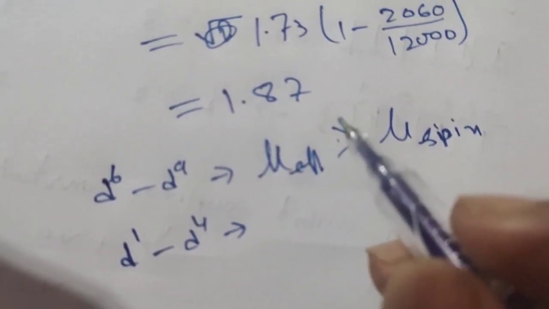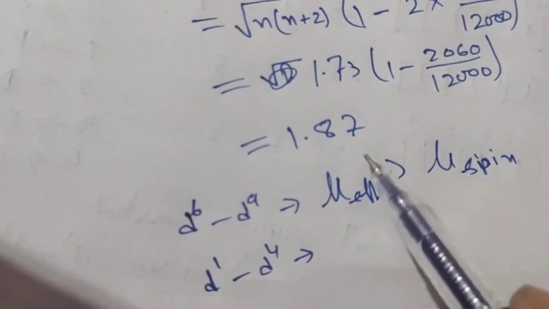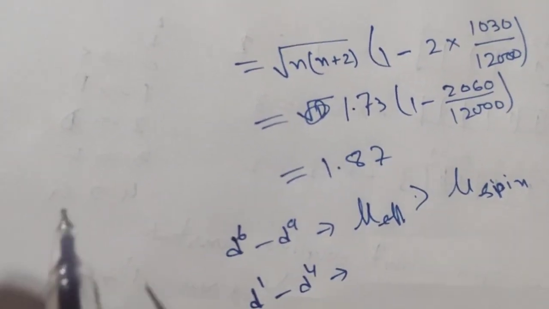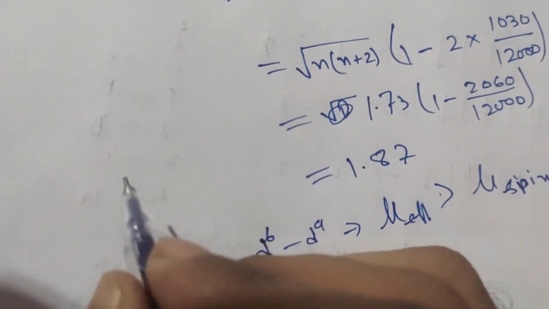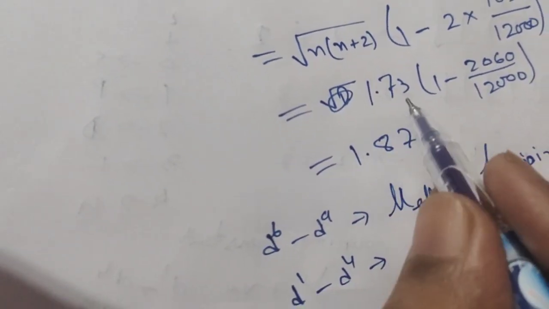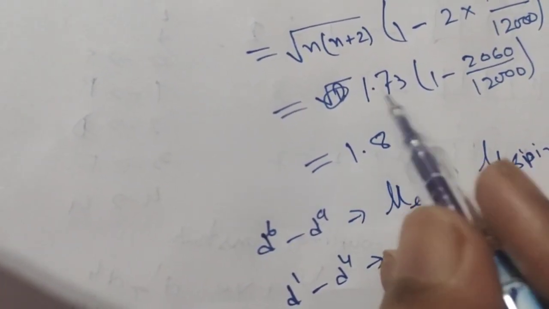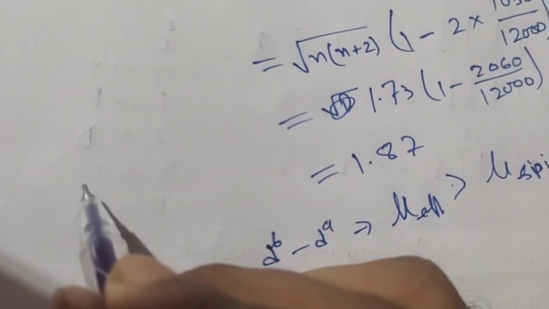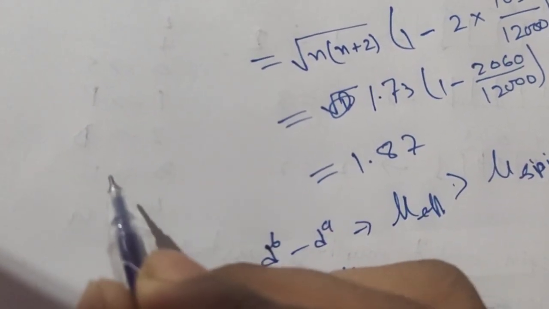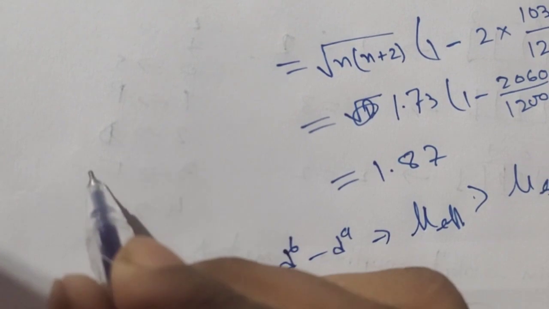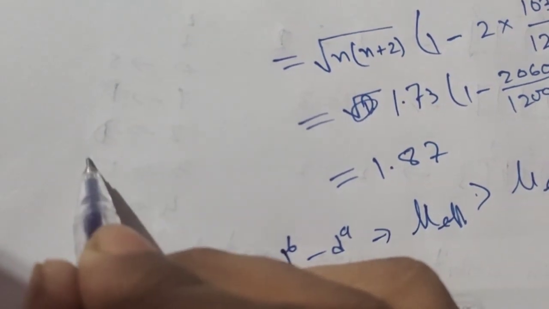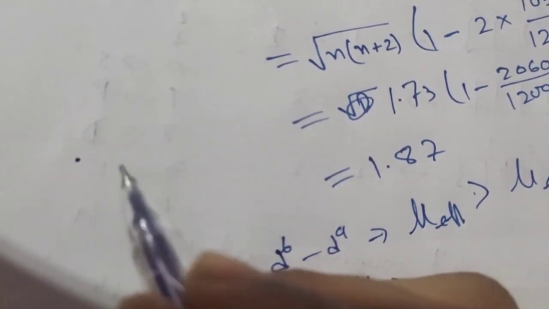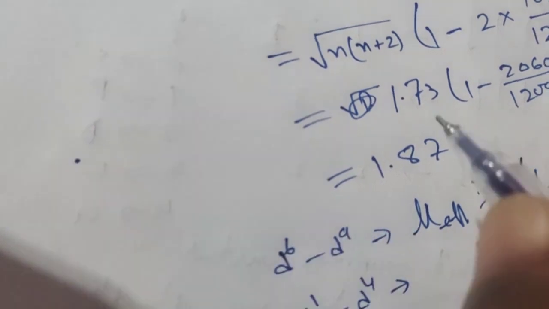Suppose the MCQ asks for the mu effective after orbital contribution.